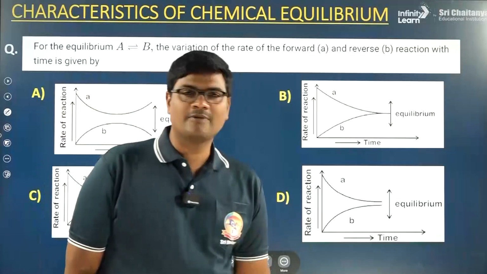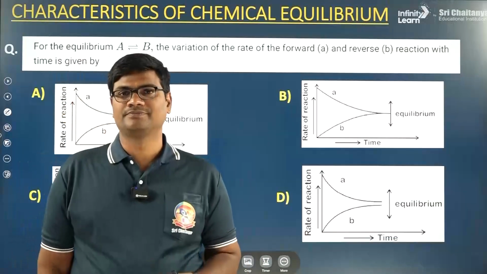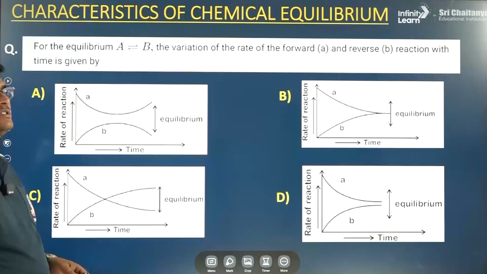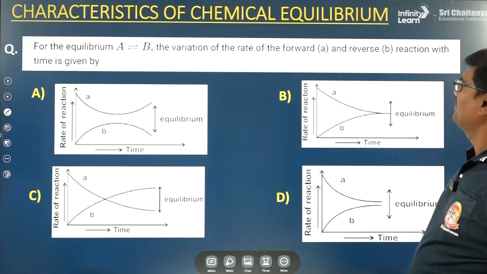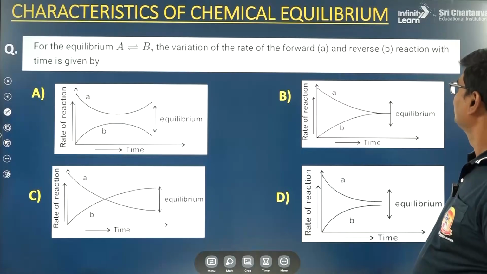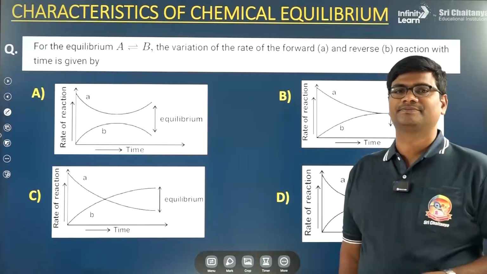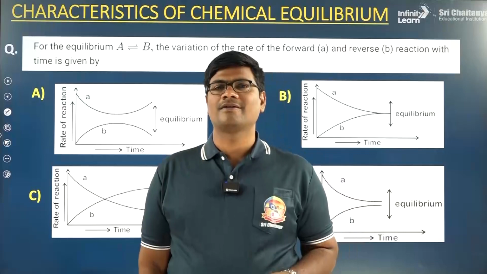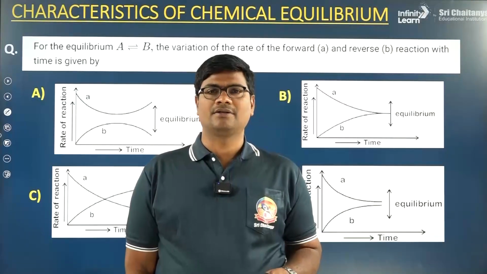Look at the first question, about the characteristics of chemical equilibrium. For the equilibrium where A is in equilibrium with B, the variation of rate of forward reaction A and reverse reaction B with time is given by, and we know that at equilibrium the rate of forward reaction is equal to rate of backward reaction.